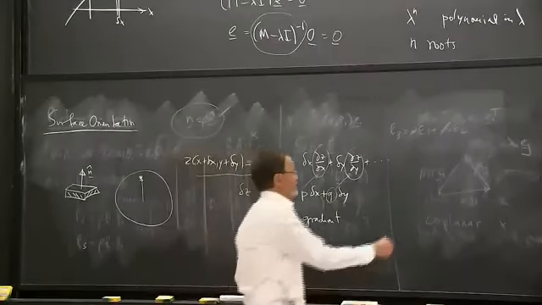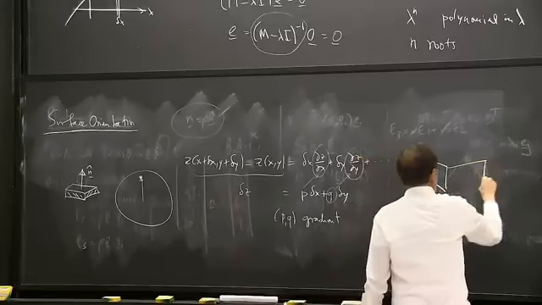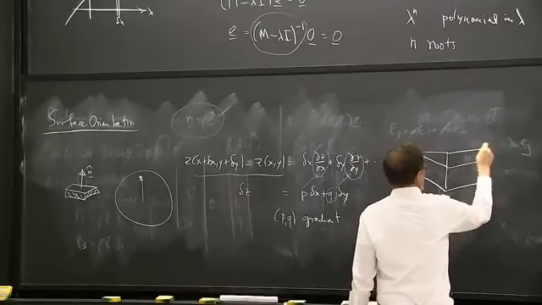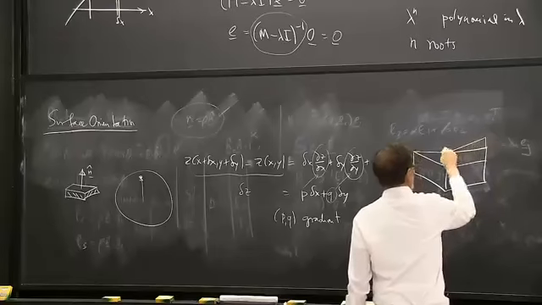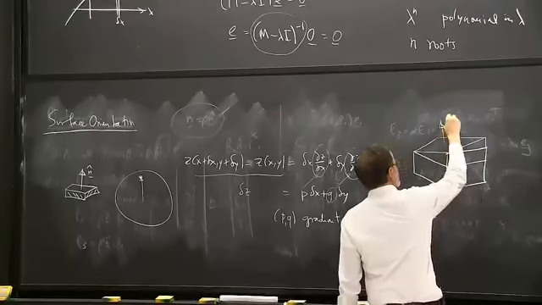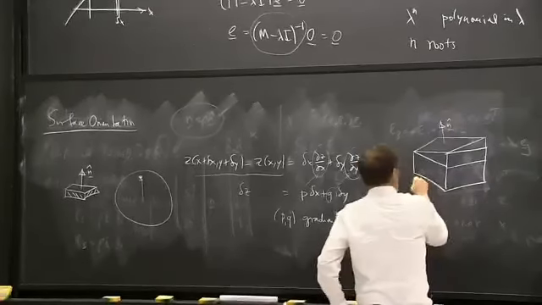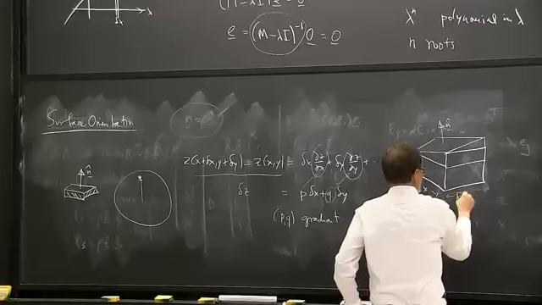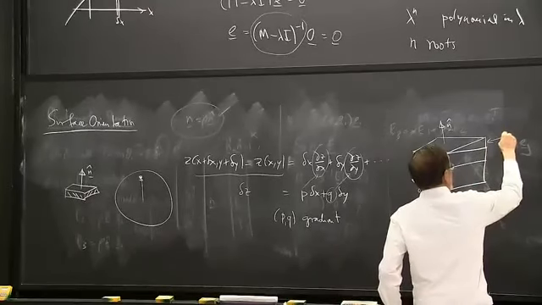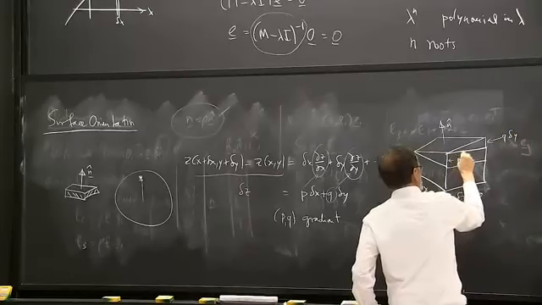Okay, one way to make a picture of that is this. This is our surface with normal vector. This edge is delta x, and this edge is delta y. This part here is q delta y, and this part is p delta x.